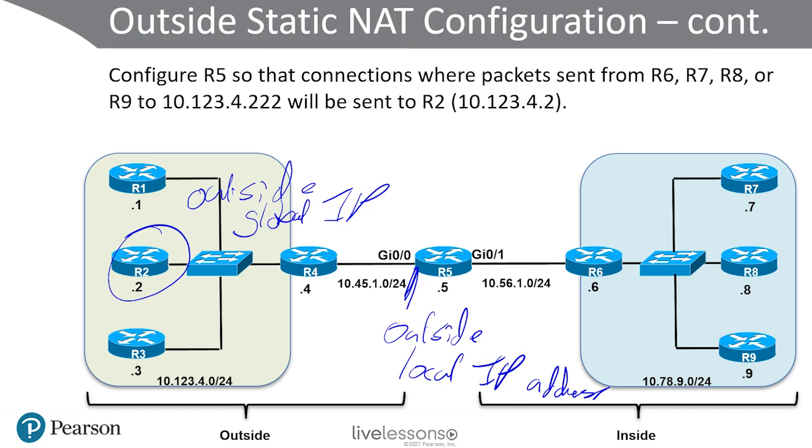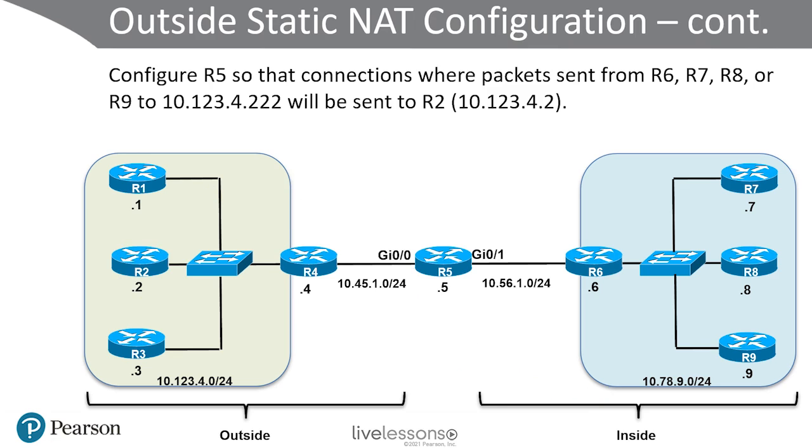So from the perspective of R7, R8, and R9, when they are trying to get in touch with R2, it is no longer available through the 10.123.4.2 network. It is only available from the 10.123.4.222 network. And this concludes the end of the outside static NAT configuration. And it is also the end of this lesson.